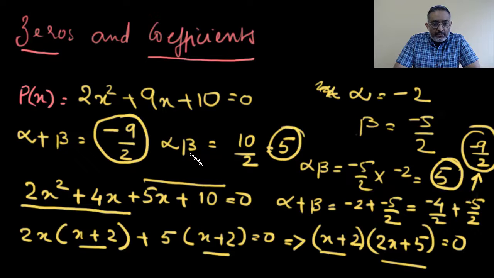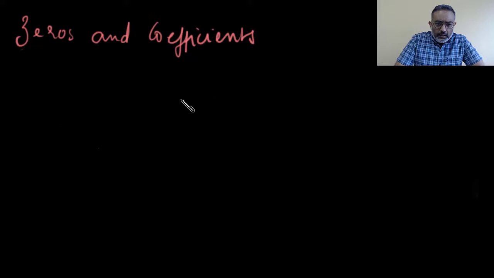And alpha beta, the product of the zeros, is c by a. C is the constant term and a is the coefficient of the x squared term in a standard quadratic polynomial. We can apply the same principle to a cubic polynomial.